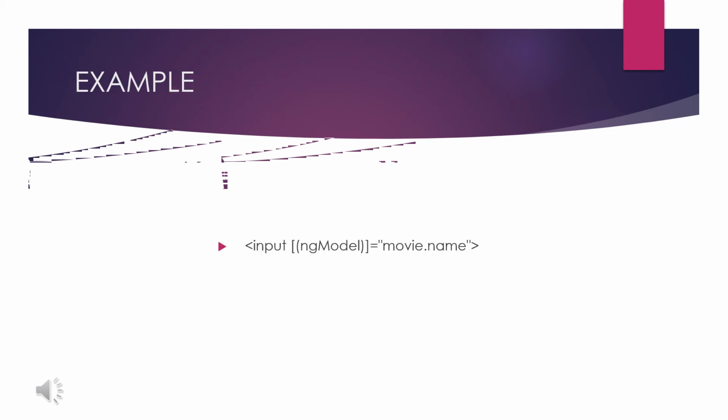Here we have an input element with ngModel equal to movie.name. ngModel, enclosed in brackets, equal to movie.name means that based on the model changes, the movie name will be automatically changed. That is the power of attribute directives. It works the same way: if it changes here it will change over there, and vice versa.